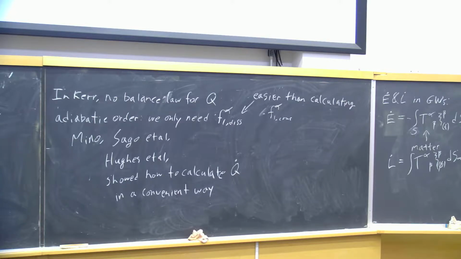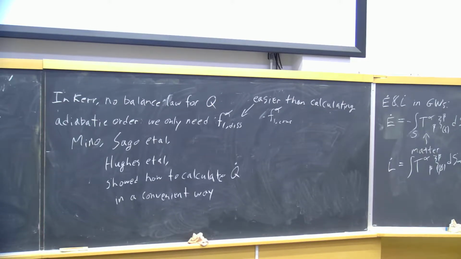The f was 1 minus 2m over r. And for L dot, you have r squared f again. And now it's T r phi rather than T t r. And integral over the sphere again. So these are just general expressions for how you define fluxes of energy and angular momentum across spheres in Schwarzschild, given some distribution of stress energy.